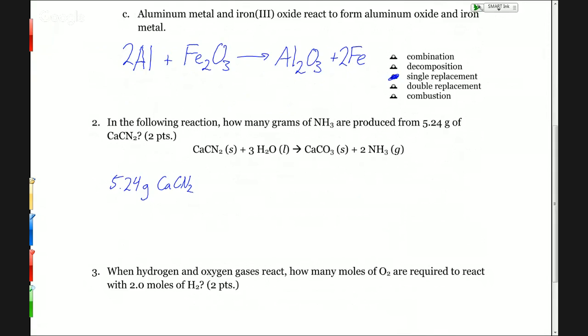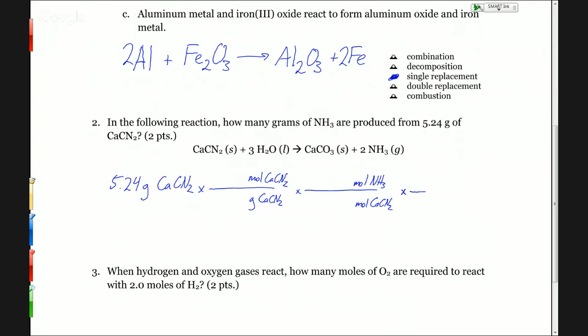And I believe that's, well, anyway, it works out fine. So then we want to go from grams to moles. Then moles of this one. 2 moles of NH3, okay, because that's what the question's asking.